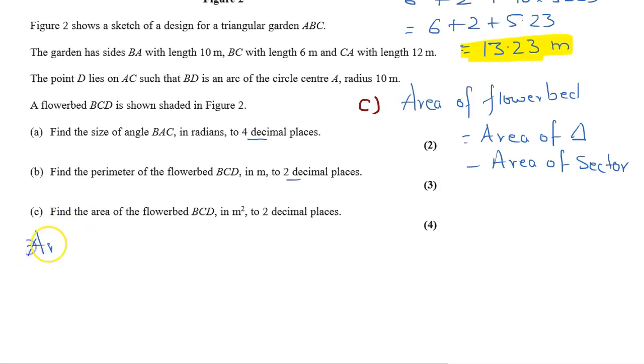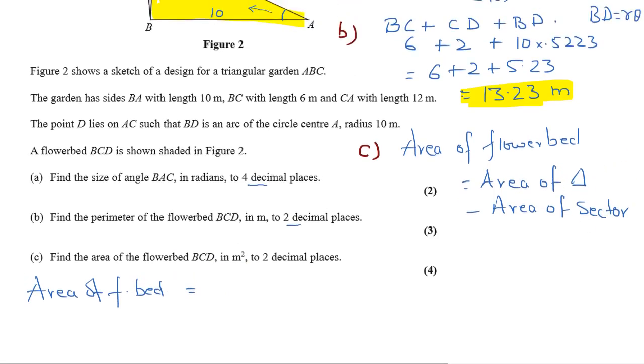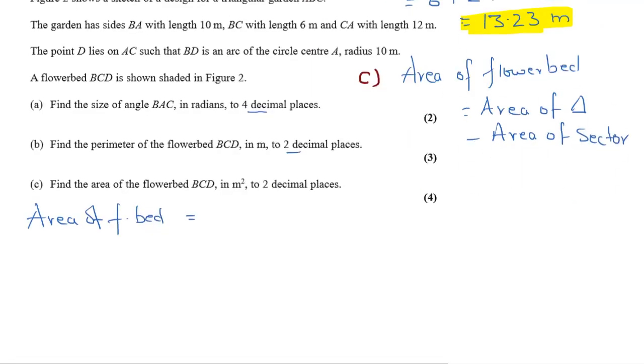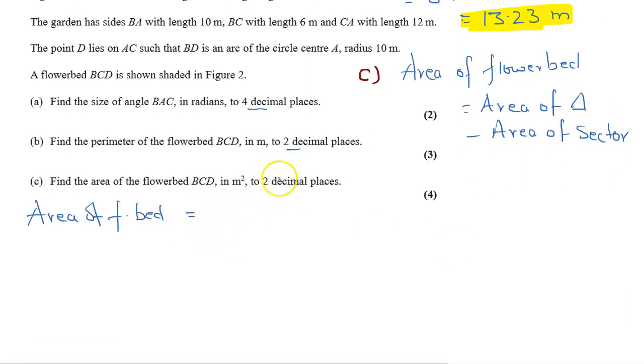So the area of the flower bed: the area of this triangle. We know the area of a triangle is half AB sine C, here half AB AC sine A. Area of a sector is half r squared theta.